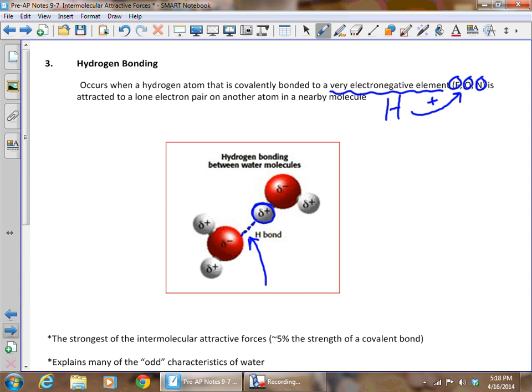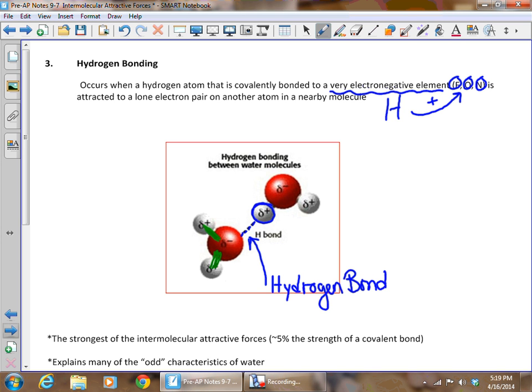This attraction between two different molecules, hydrogen to the negative end of another molecule, is called the hydrogen bond. Now the hydrogen bond is very strong. It's the strongest of the intermolecular attractive forces. It's about 5% the strength of a covalent bond. Now remember where I'm drawing this in green? That's like if you tried to take those hydrogens off of that oxygen, that'd be like ripping your arms off.